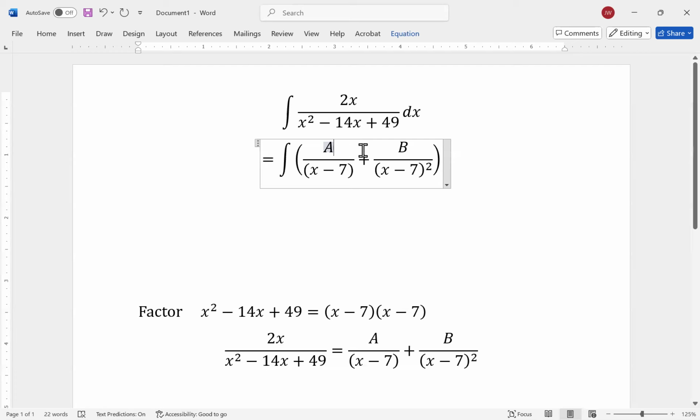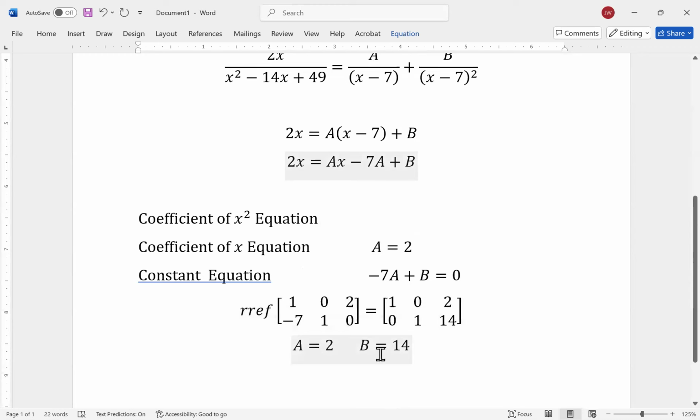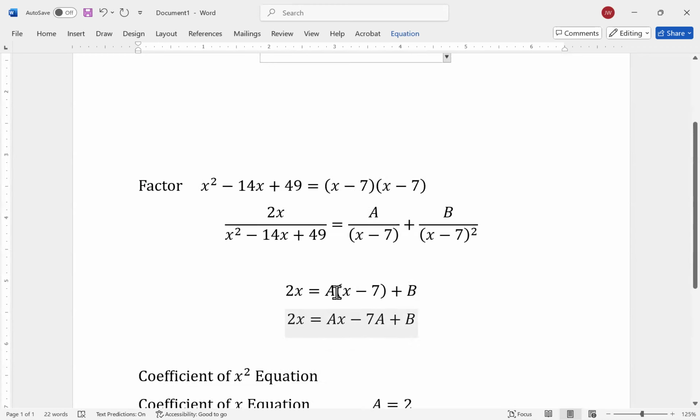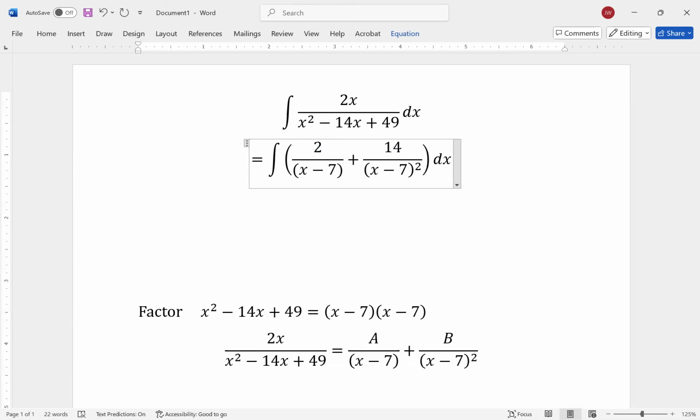And again, we saw that A needed to be 2 and B needed to be 14 from our work down here. And that's all being integrated with respect to x.